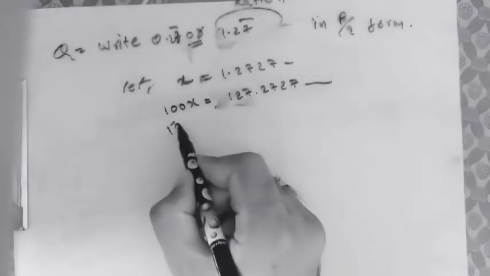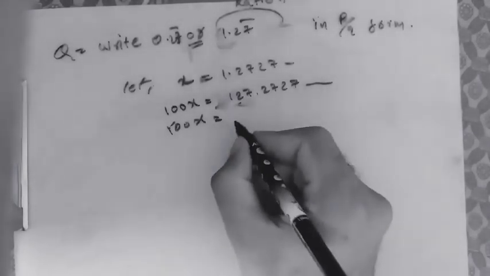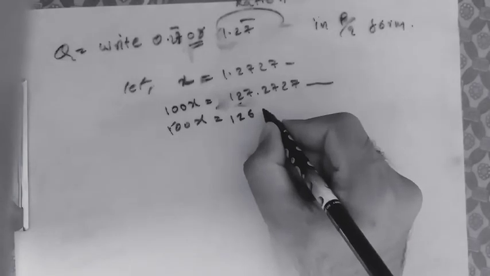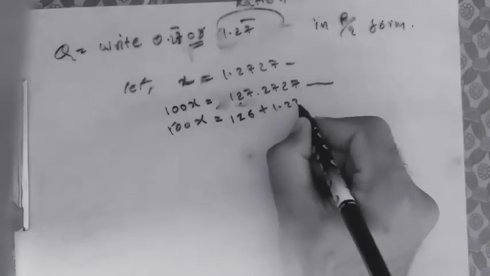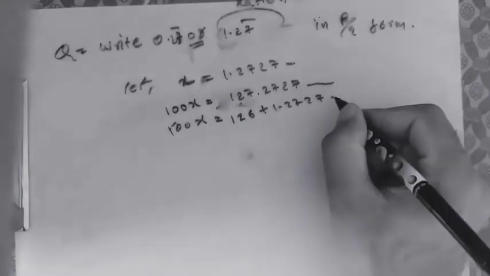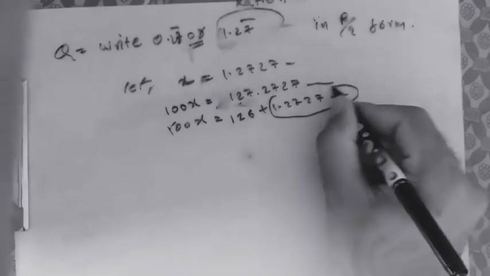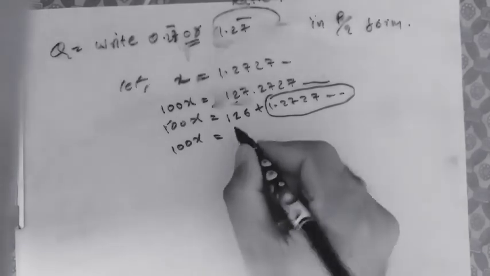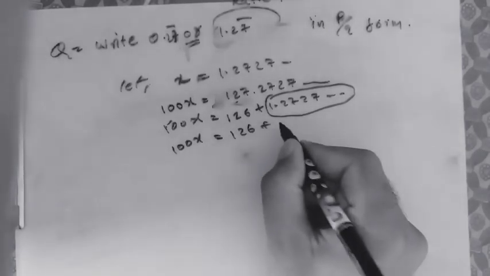Now 100x is equal to 126 plus 1.2727, but this number 1.2727 is nothing but x, so 100x is equal to 126 plus x.